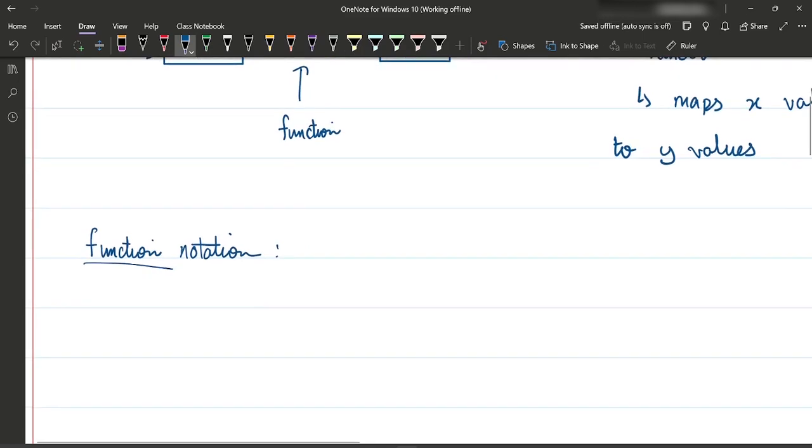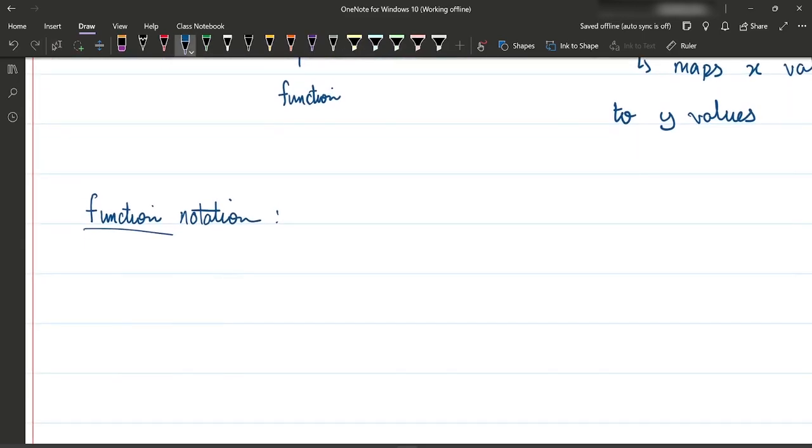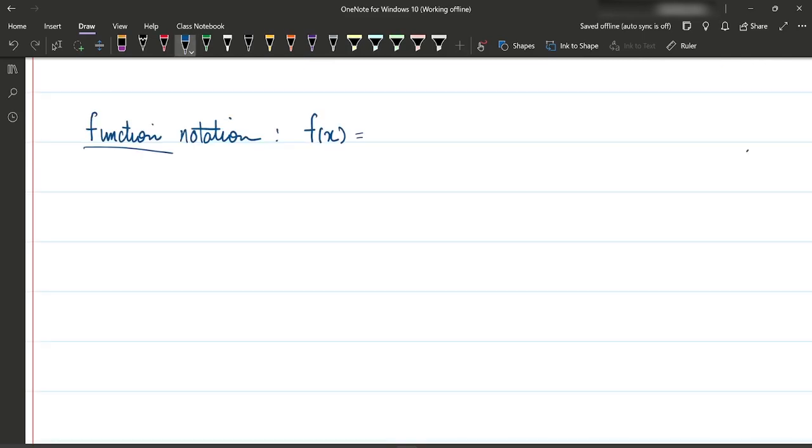The notation for a function is f of x. It's called f of x. It kind of looks like f is multiplying x, but that's not really what's happening. The f of x is telling us that the x here is going to be all of our inputs, and this entire thing is going to be our output.